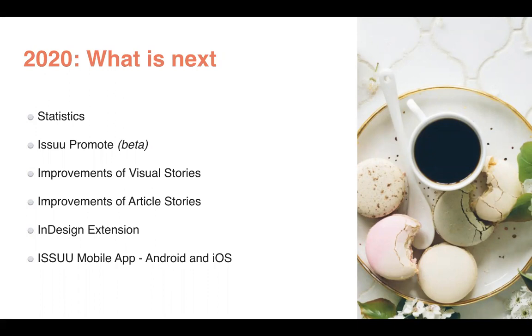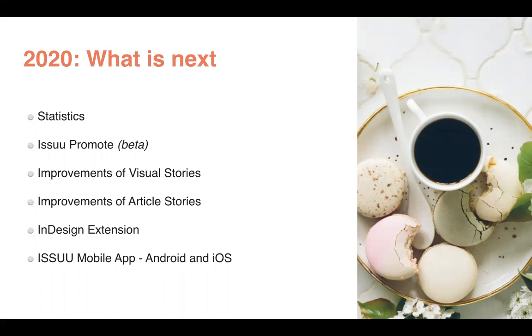So let me know in this Q&A panel or send me an email, and I will explain the next steps. We will be also working on some article stories and visual stories improvements. And InDesign extension, if you are using Issuu as well as InDesign, let us know what you like and what you are missing. We would love to hear from you.